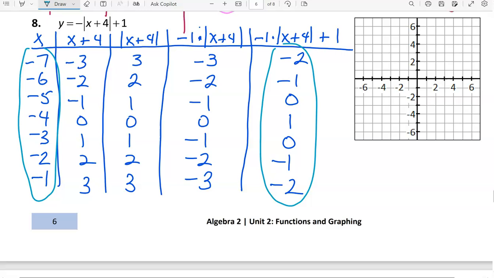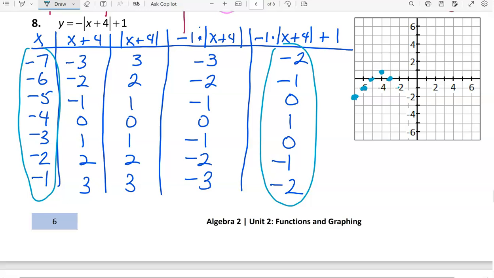There are our x, comma, y values. -7, comma, -2, -6, comma, -1, -5, comma, 0, -4, comma, 1, -3, comma, 0. There's where the graph is going to go back downward.